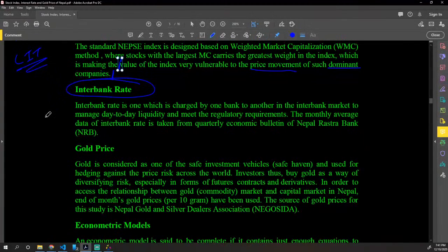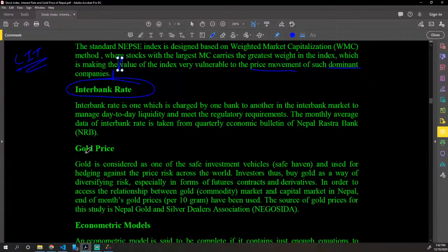The interbank rate is the rate charged by one bank to another in the interbank market to manage day-to-day liquidity and meet the regulatory requirement. The average rate data of the interbank rate is taken from the Quarterly Economic Bulletin of Nepal Rastra Bank.